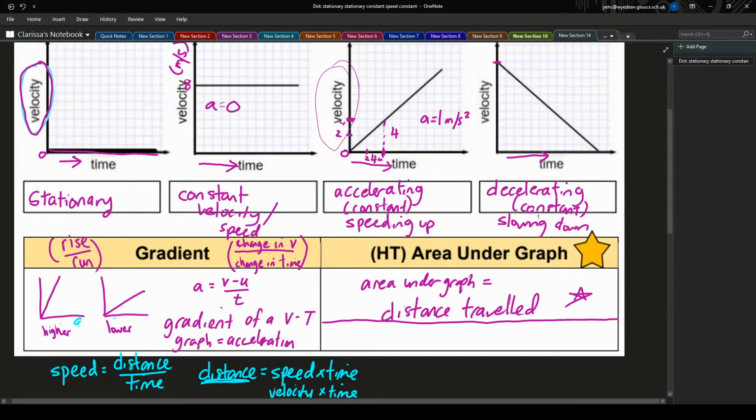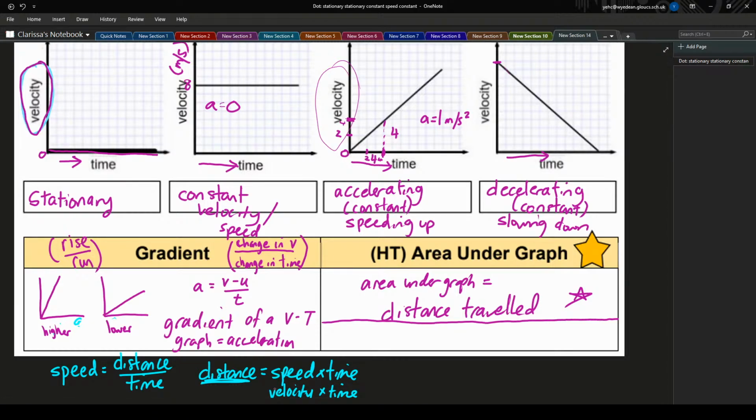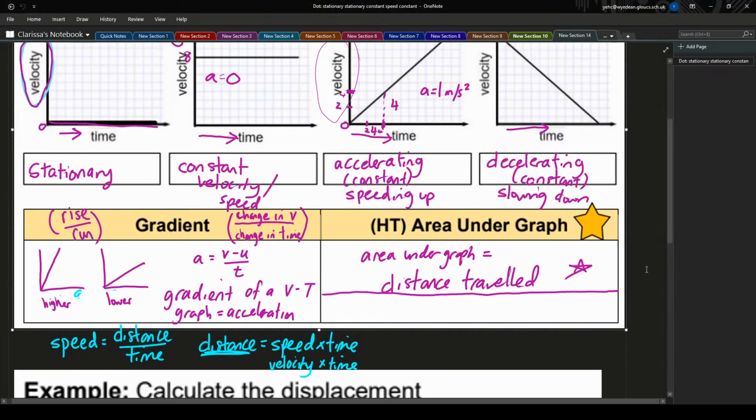We can calculate the distance traveled by the area under the graph, because to find areas of a general shape, it's base times height, and base times height happens to be the formula for calculating distance traveled. That was my rant done for the day. But the key thing you need to know is area under the graph is distance traveled.